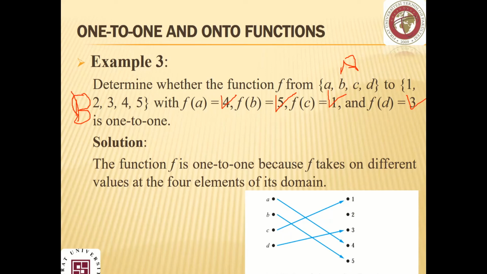So each one takes only one value from the codomain, and those are consumed by different elements of A. Since we have different outputs for the mapping, that is 1-to-1. This is the definition.